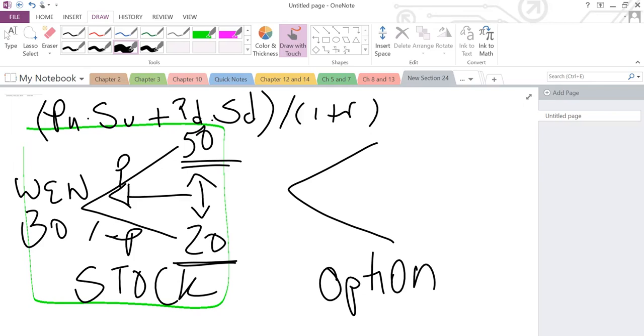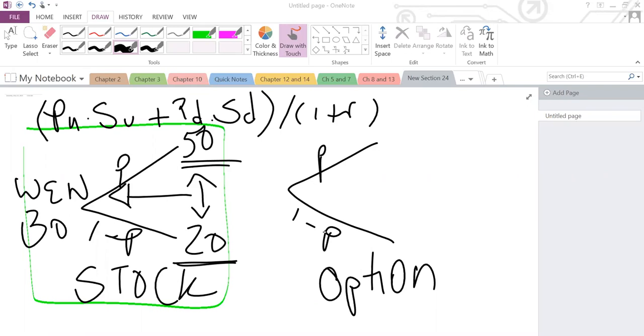The option tree, or in other words, the derivative, which has this particular stock as the underlying, will share the same probability. I have given this small context just to let you know that 1 minus p and p are going to be shared by both the stock tree, if you draw it here, and also the options tree.